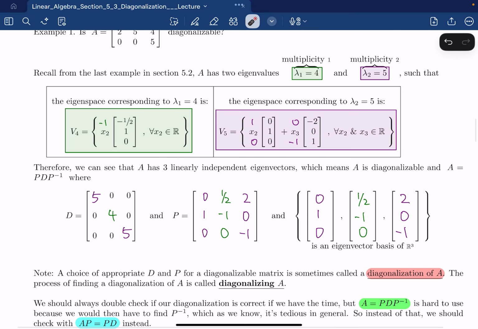Let's roll back here. It means I have to be able to take out 2 linearly independent eigenvectors because the multiplicity corresponding to lambda 2 equals 5 is 2. Because I needed to put that into my diagonal matrix twice, I need 2 linearly independent eigenvectors.